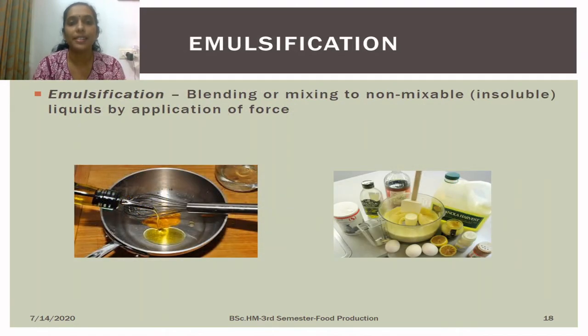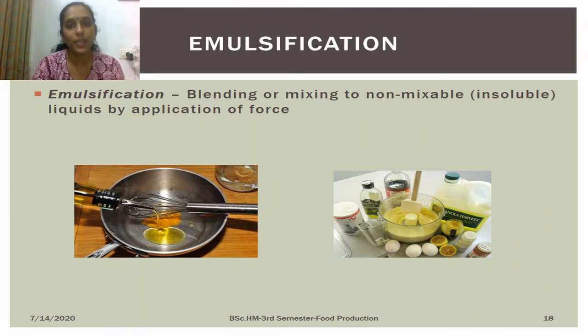Next one is emulsification. Here, an emulsion is formed between two non-mixable or insoluble liquids. For example, the emulsion we find in mayonnaise is between egg yolk and oil. Here, a mechanical pressure is applied in order to combine the egg and the oil.